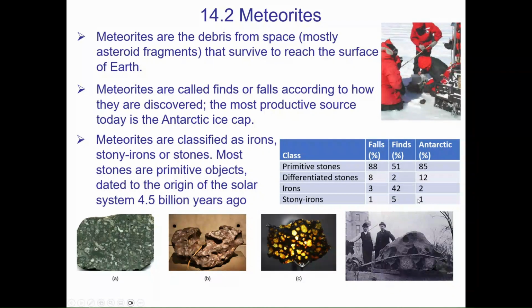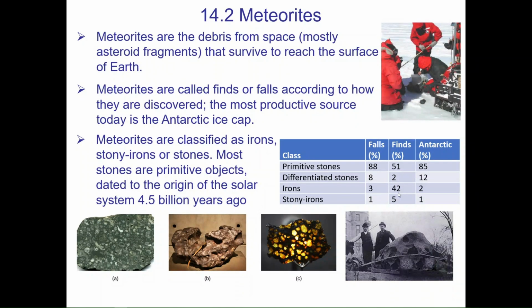Therefore, it's kind of hard to identify stony types of meteorites compared to the iron or stony iron types. And among those three basic types, the stony iron type, the last one, actually has the smallest percentage.